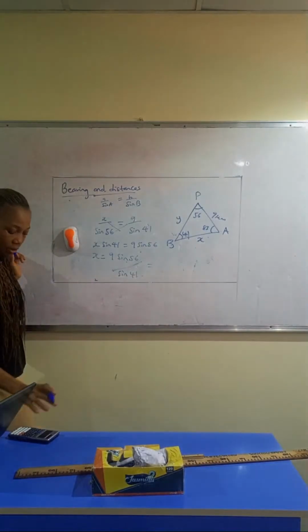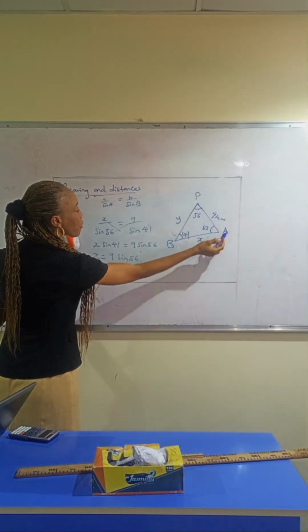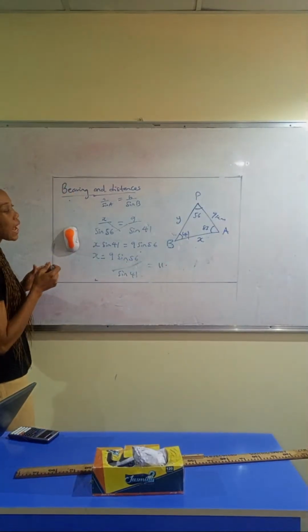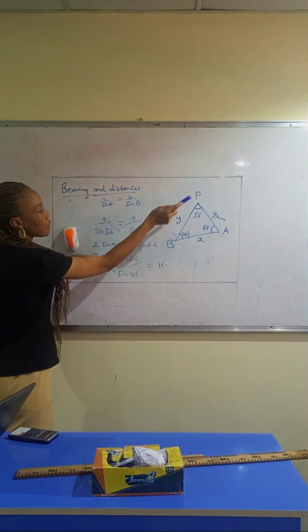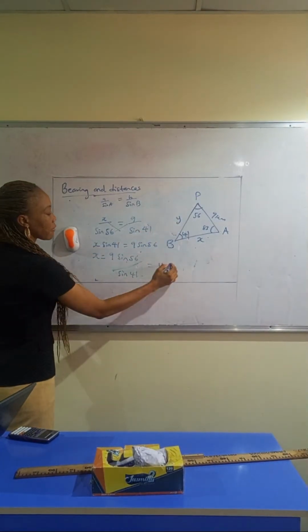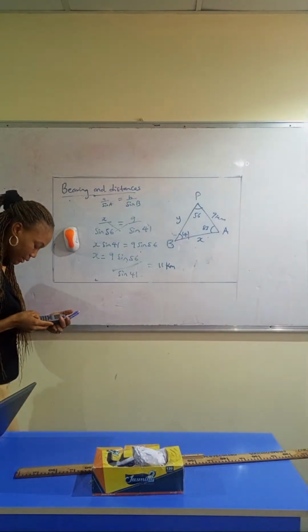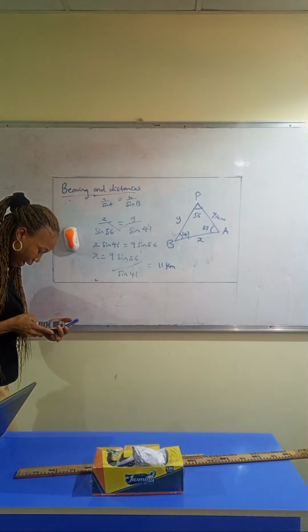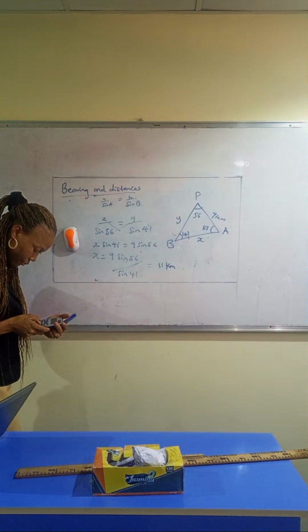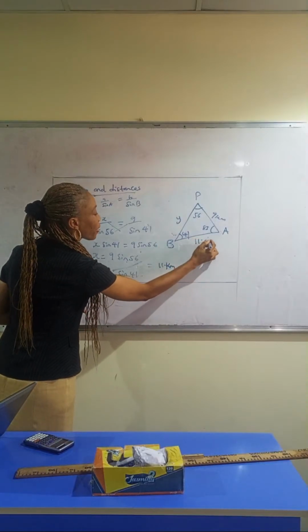This one will give us 11 point something, which is the distance of B from A. But the question said we should find the distance of B from P. So 9 sine 56 over sine 41 gives 11.4. So here now is 11.4 kilometers.